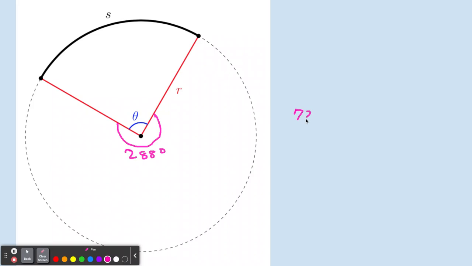So if 72 degrees is 11.31, then 288 degrees should be what? Just do proportions. And if you put those in proportions, you'll find it's about 45.2 centimeters. So that's arc length.